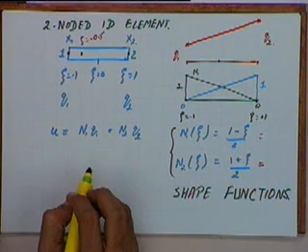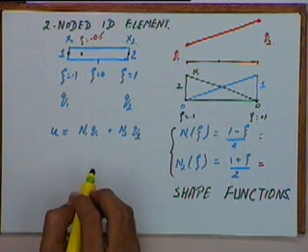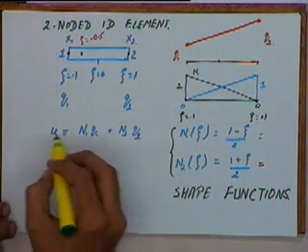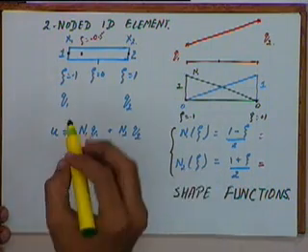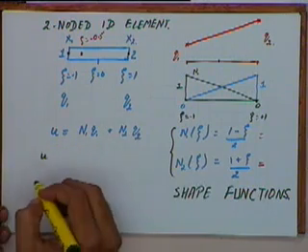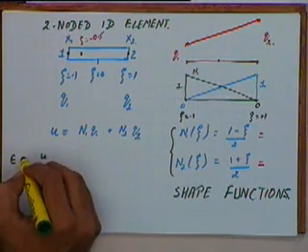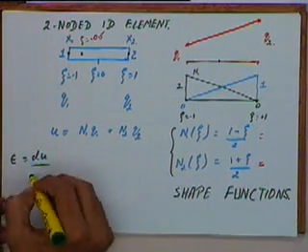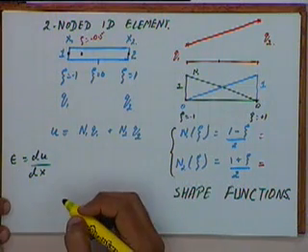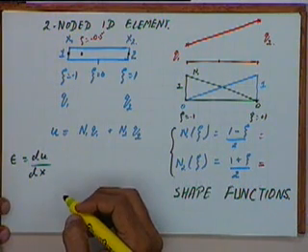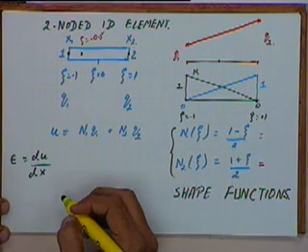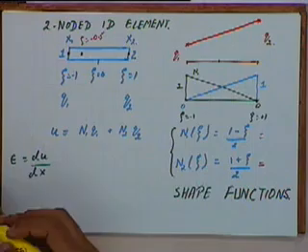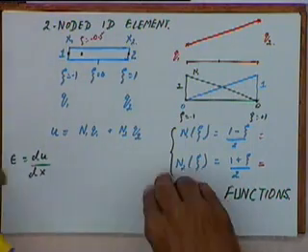Okay. So now I have u equal to n1 q1 plus n2 q2. If I know the expression for u, then I can find out epsilon, which is equal to du by dx. So let us find out the expression for epsilon.